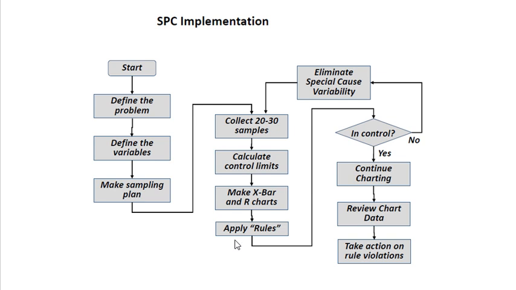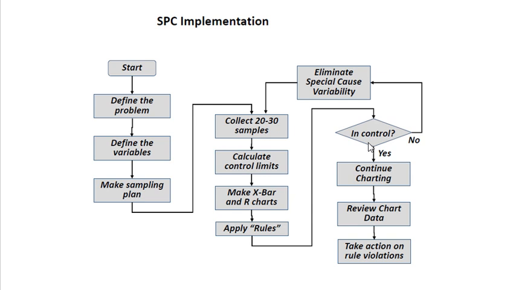Of course, you monitor it and you apply the rules. I am going to explain what rules we use, building the R charts by using a statistical software. And then you eliminate the special cause variability, and that is going to come after this. So we go down that way.